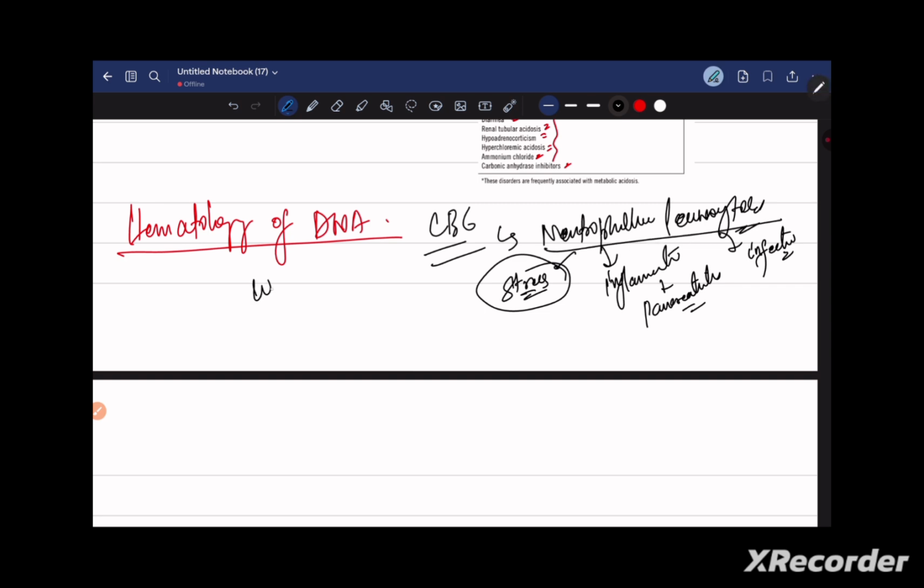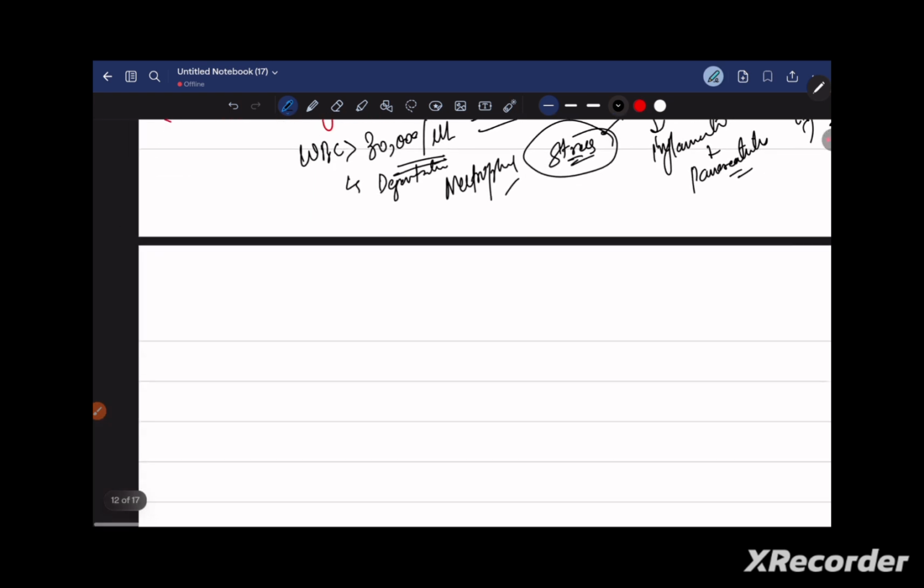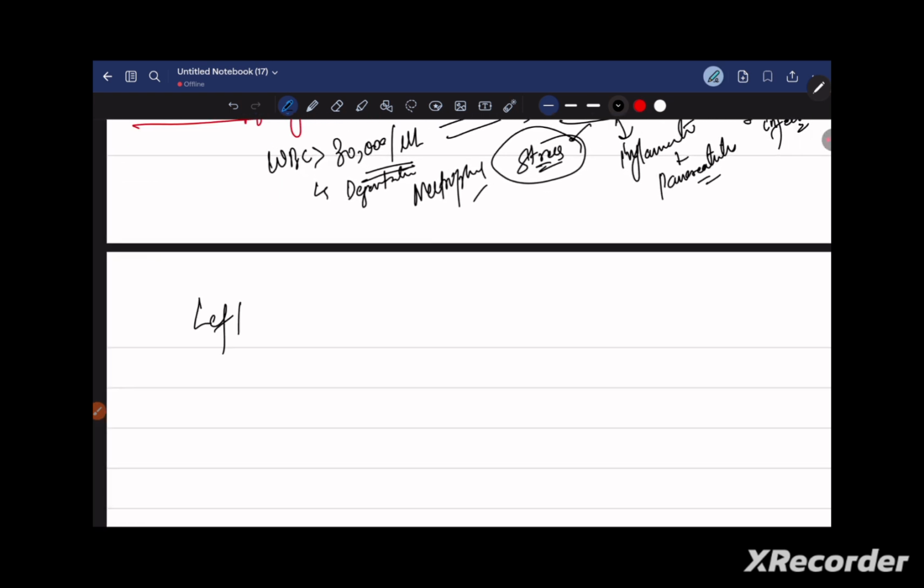Mainly the WBC count will be more than 30,000 per microliter. When you go for cytology, you will see degenerative neutrophils.